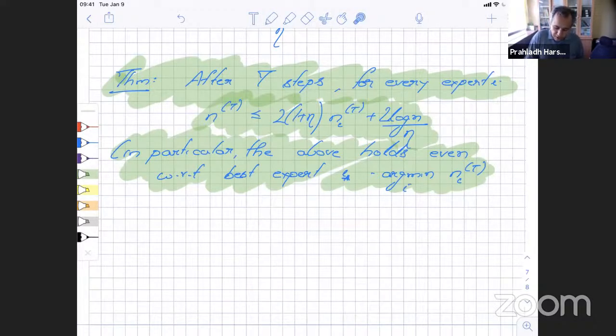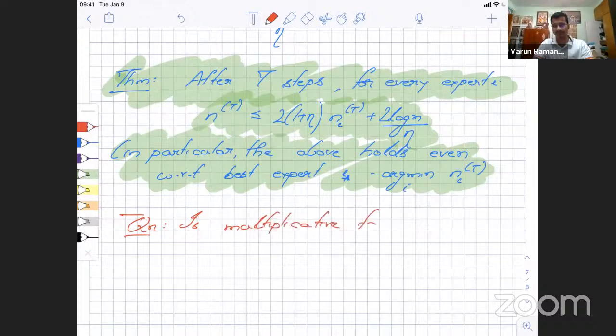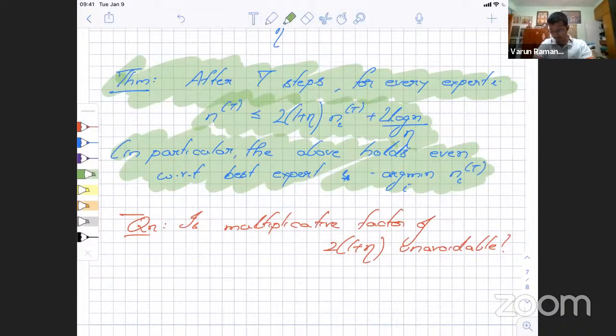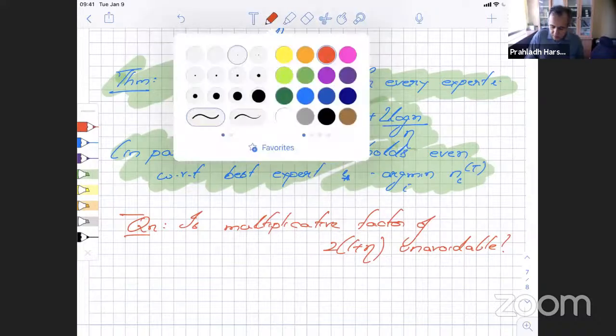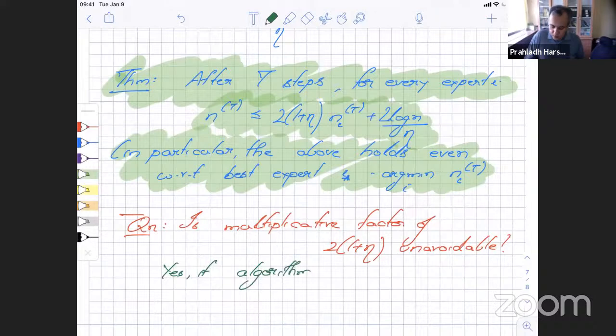So the question which we are going to ask is: is the multiplicative factor of 2 unavoidable? And the answer says yes, if the algorithm is deterministic. Not 1 plus eta.